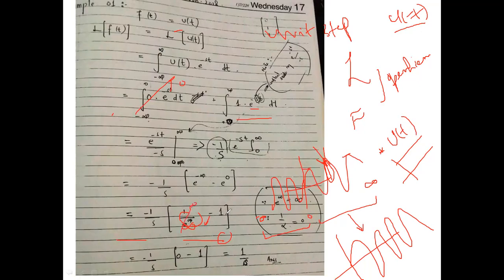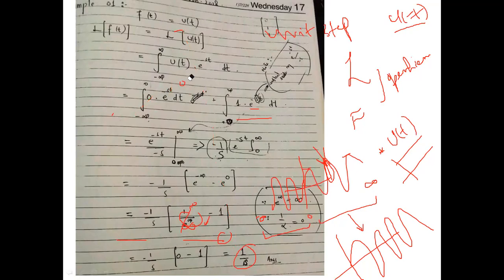We will be left with minus 1 only, and minus into minus is plus. So the Laplace of u of t is 1 over s. We have to remember this, because for higher functions, for example in the case of circuits, or in the inverse Laplace transformation, if you get 1 over s, the inverse would be u of t.